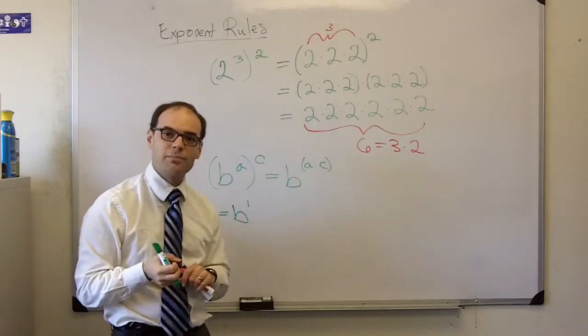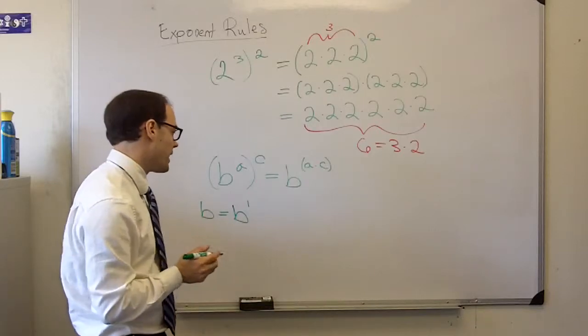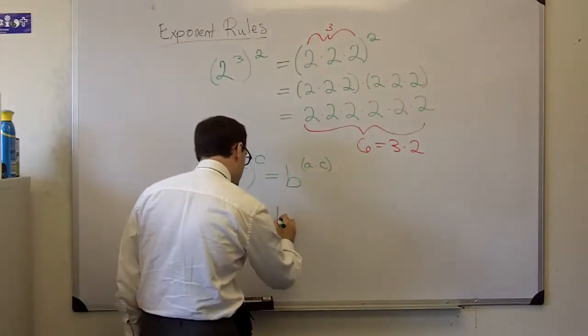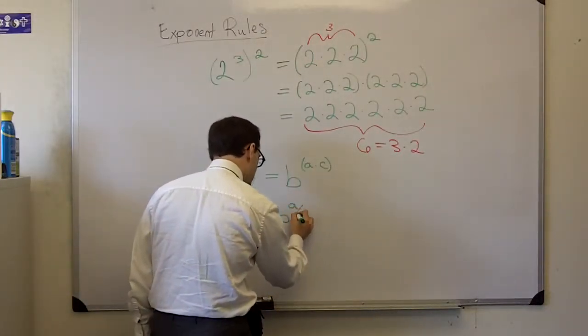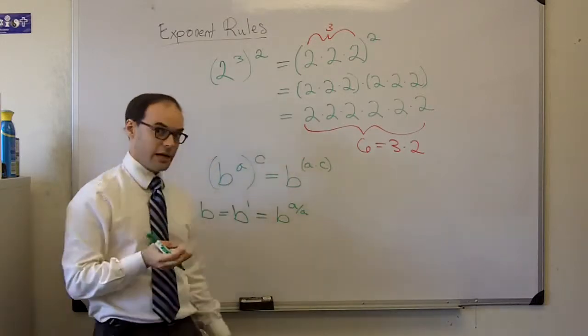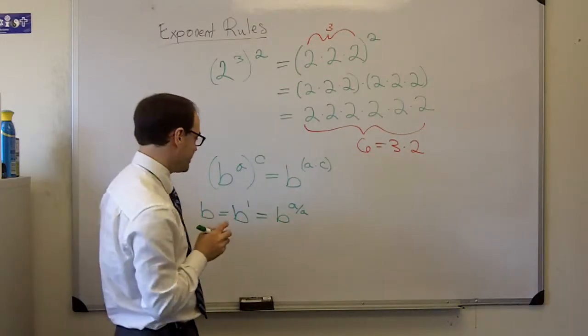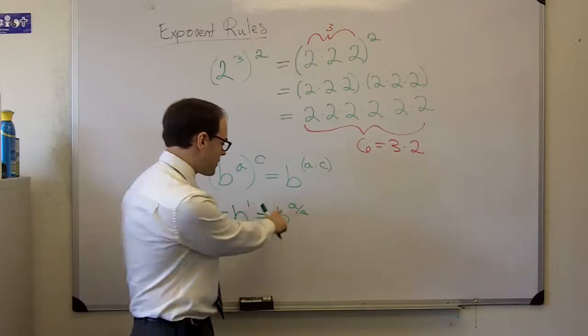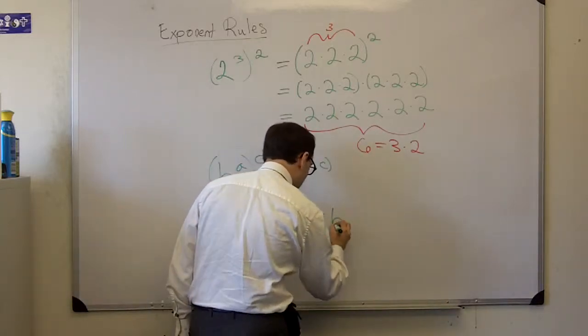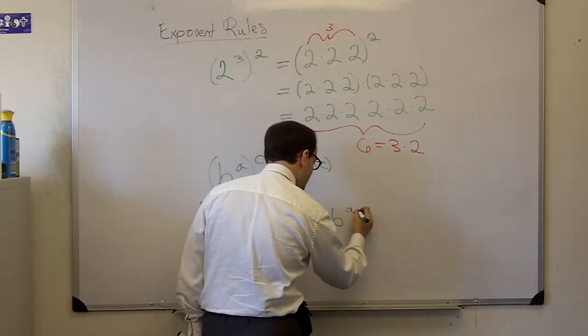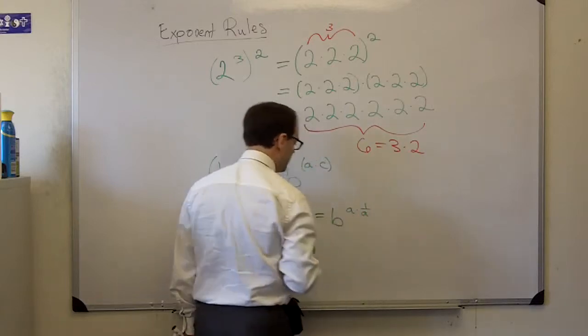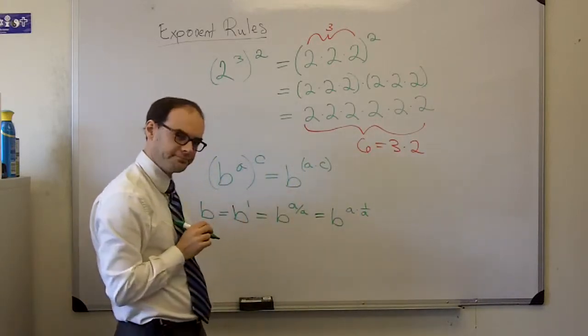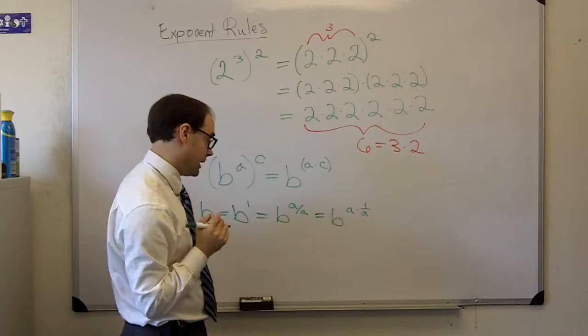Well, I can take any number and divide it by itself, right? So this could be b to the a divided by a. That a divided by a is 1 for any number a. Now what is a divided by a? That's a fraction, but I could think of it as a times 1 over a, couldn't I? Yeah, I guess so.